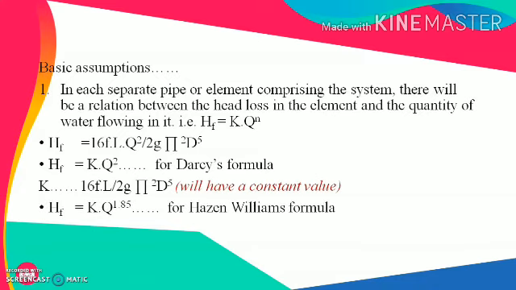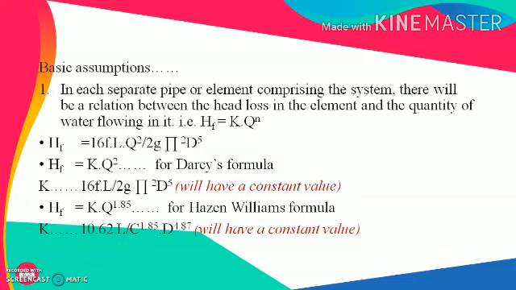And if we use the Hazen-Williams formula, HF can be calculated as K Q raised to 1.85, where the value of K is 10.62 multiplied by L upon C raised to 1.85 D raised to 4.87.